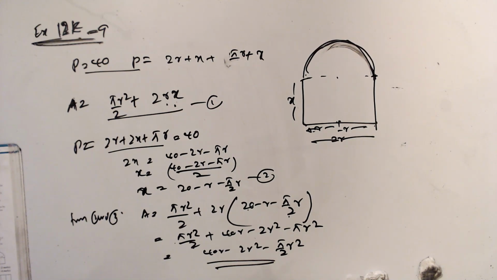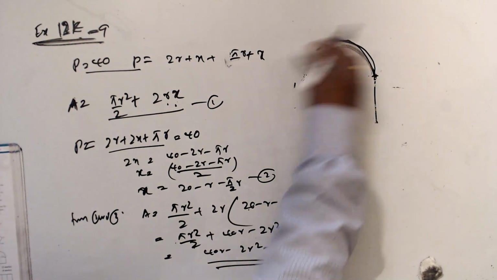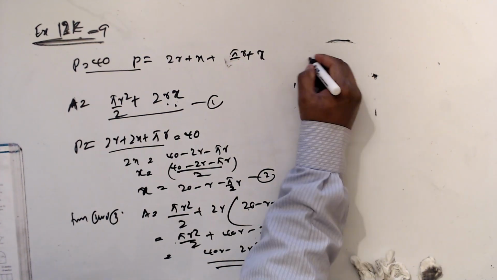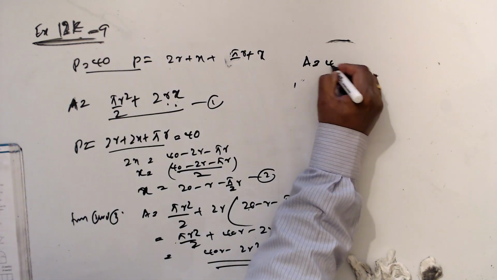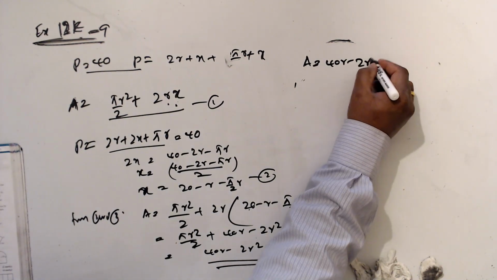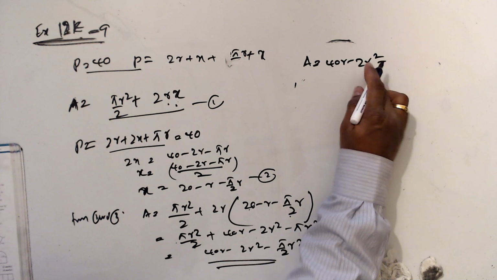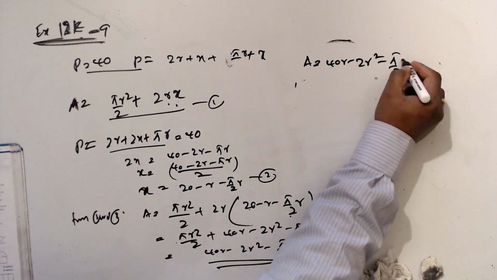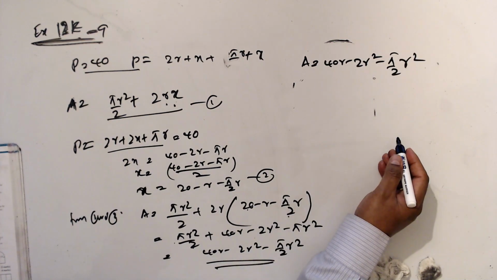Hence find the maximum value of the area of the shape. Maximum. Now A equals 40R minus 2R square minus pi over 2 R square.